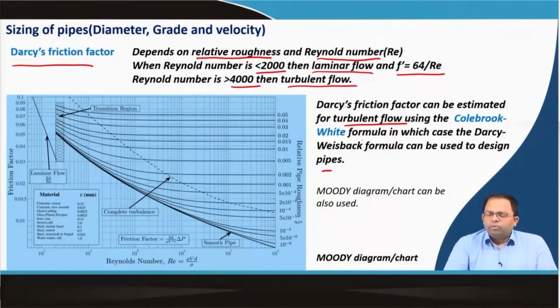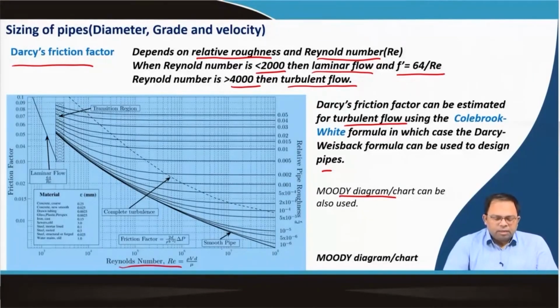Now, the Colebrook-White formula is solved for many types of pipes with different kinds of roughness, and based on that and the Reynolds number, we can generate a chart called the Moody diagram. Over here you can see this chart.